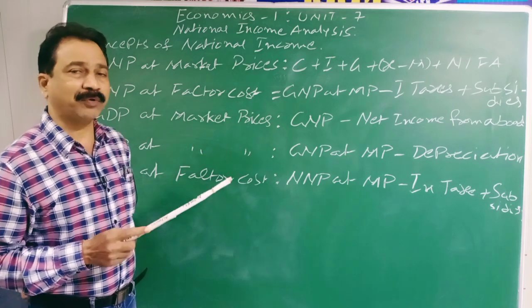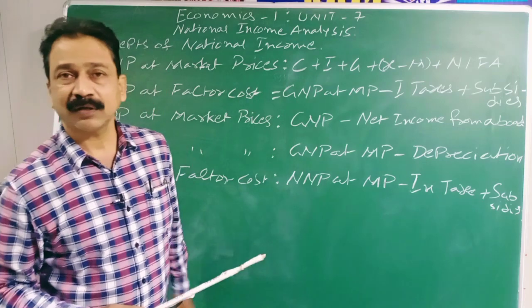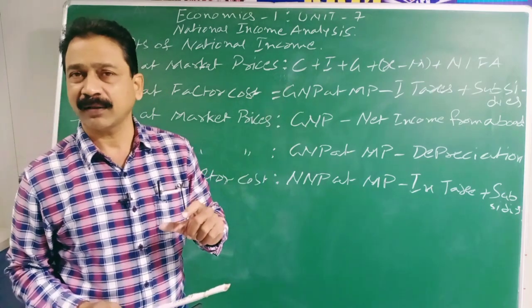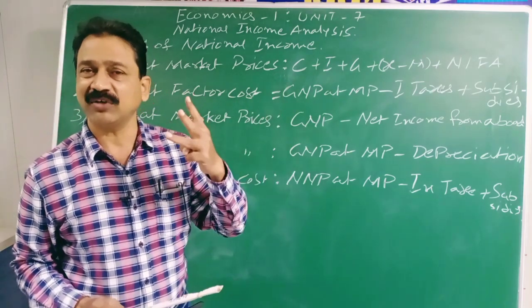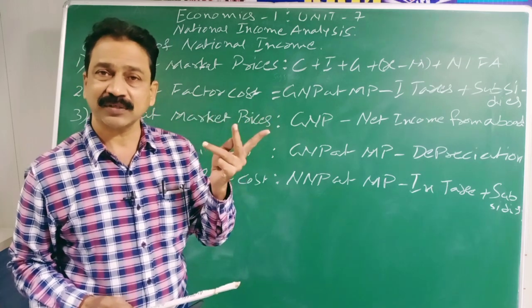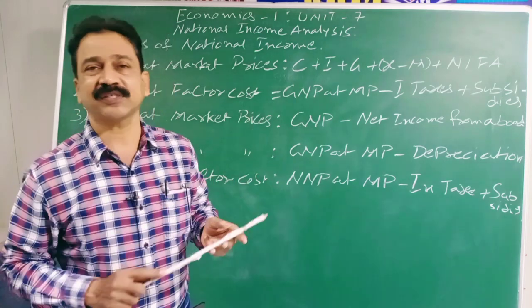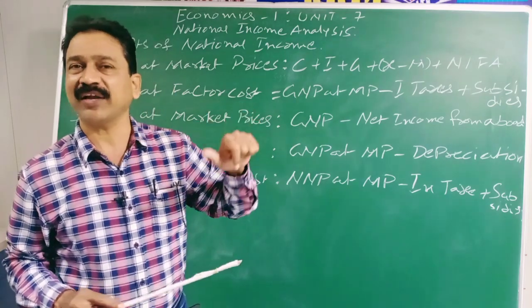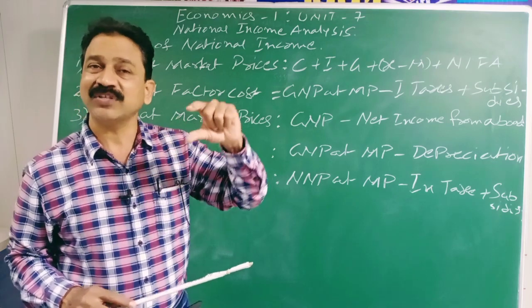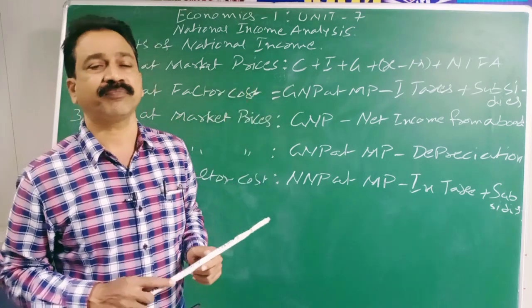To avoid that problem, sometimes we calculate GNP at market prices, or national income, at 3 levels: one at constant prices, one at current prices, and one at that year's prices. When we calculate at 3 levels, we get to know exactly what the inflation rate is, and whether production is increasing or decreasing.